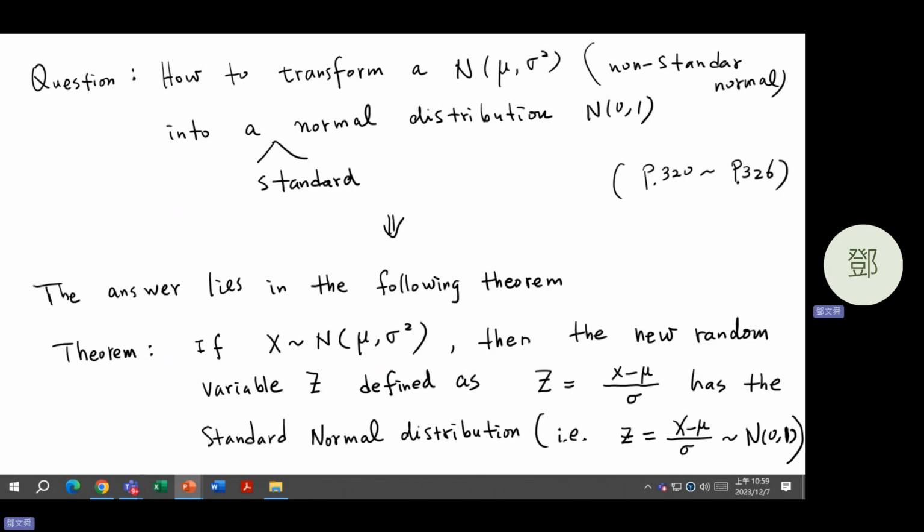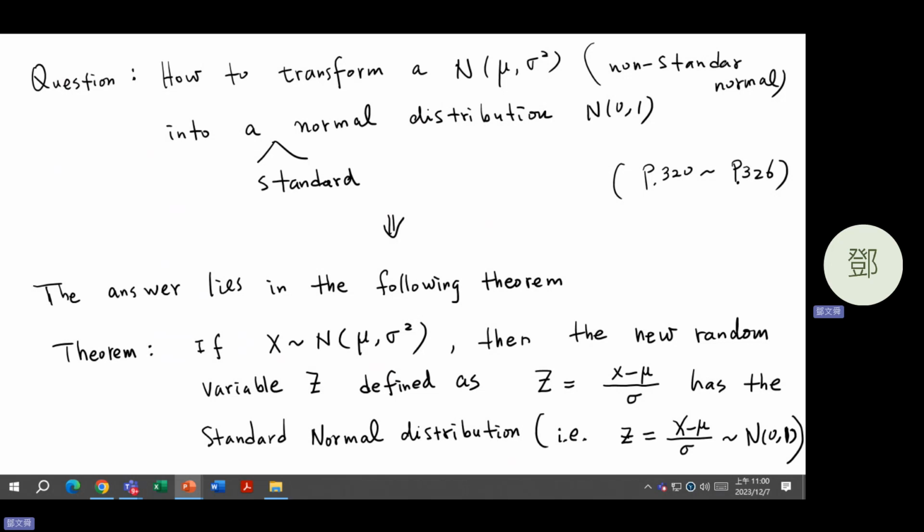Then what is the big deal about the transform Z? The big deal of Z is that it has the standard normal distribution. So let us denote it by the expression Z equals X minus mu divided by sigma is distributed as a standard normal distribution.